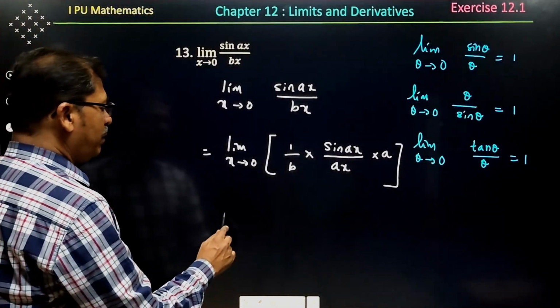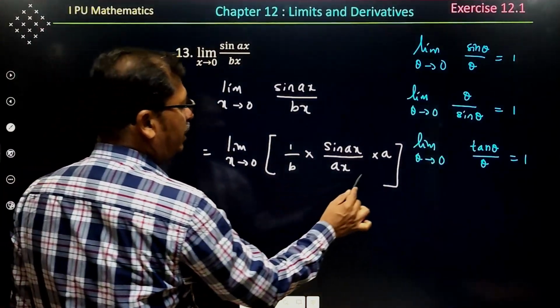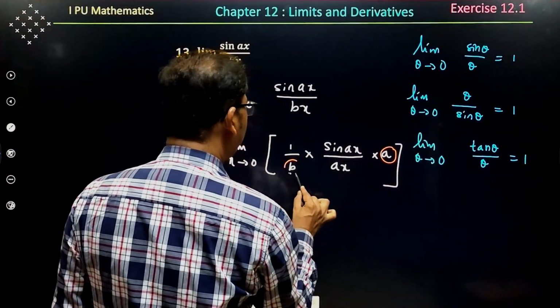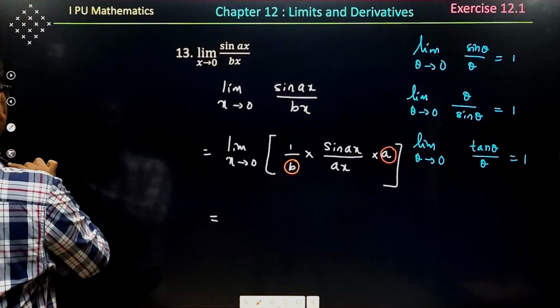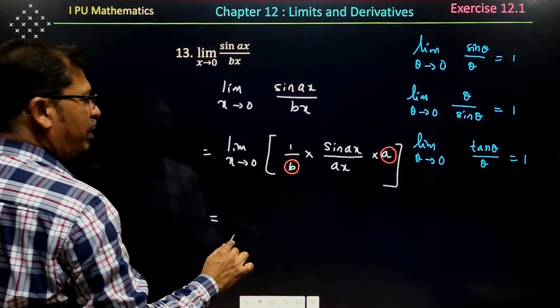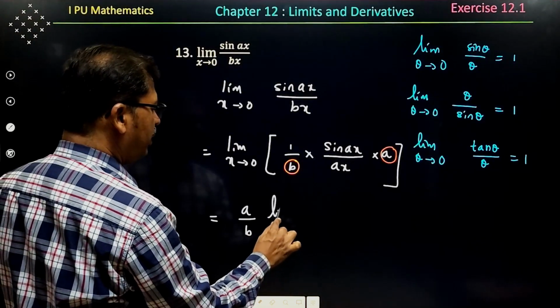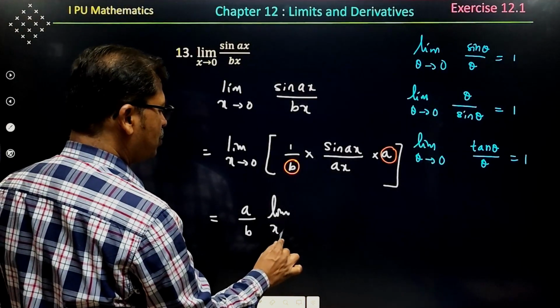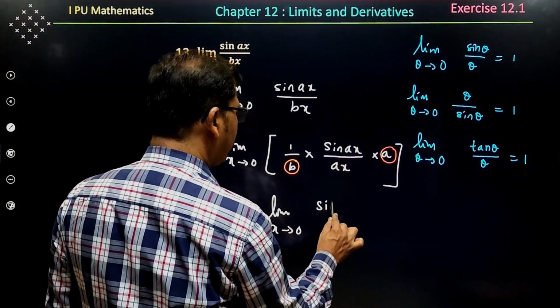So in the next step of calculation, this constant a and this constant b, that means as a whole a upon b, you take outside. By taking a upon b outside, under the limit what remains, limit x tends to 0, sin ax divided by ax.